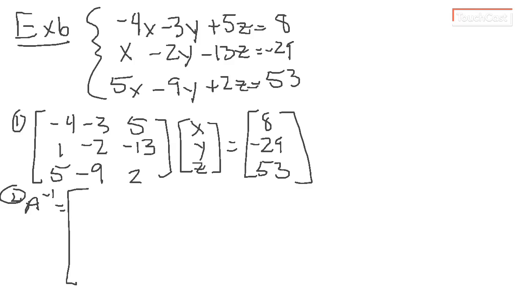So again, I'm just going to use my calculator to find my inverse matrix for step 2. My inverse matrix is going to be negative 121 over 690, negative 13 over 230, 49 over 690.